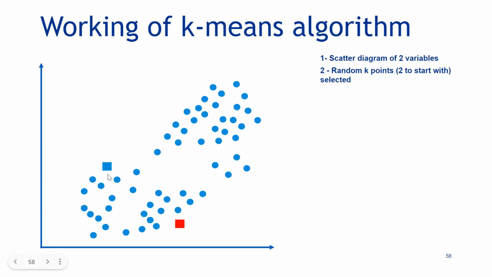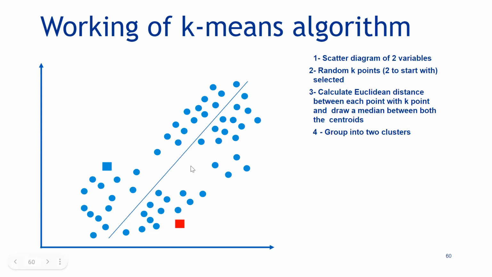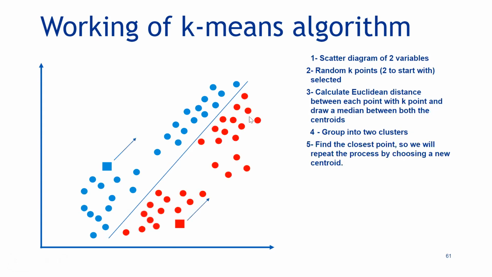You can see this square box of blue color and the square box of red color. We have made 2 random centroids in the data. Now, which data points are lying near to this red centroid and which data points are lying near to this blue centroid? They will make the clusters according to that. And now see, they have created 2 clusters. Okay. Now, after this, we will find the centroids once again.